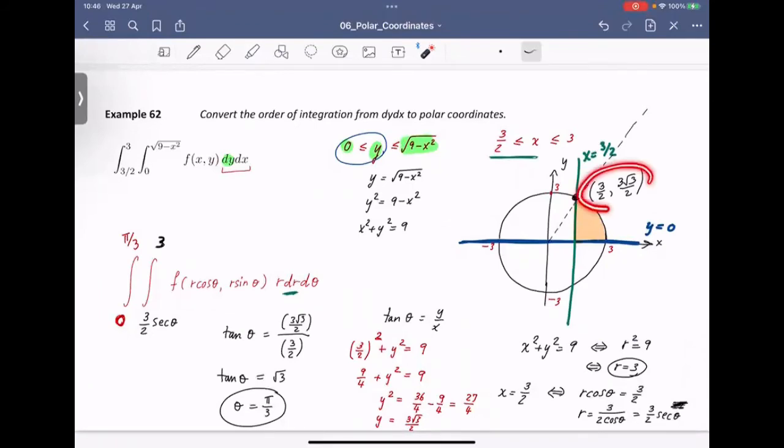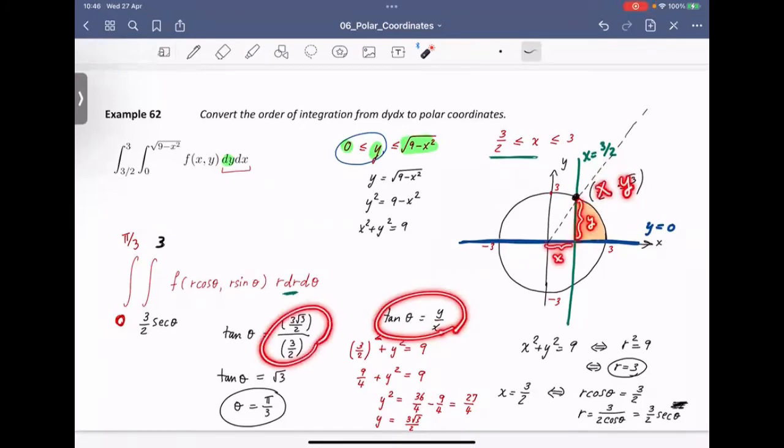Okay, so this is x and y, and now you have tan theta equal to pi/3, so I know it's gonna be pi/3, because tan 60 degrees, or tan pi/3, is square root 3.